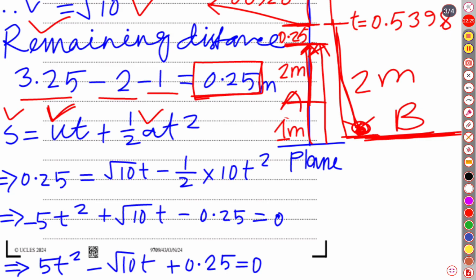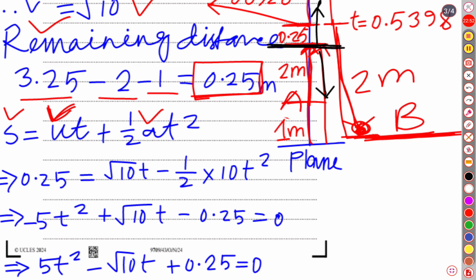Now you may ask what the initial velocity is. Look, the final velocity at this point, when it reaches 2 meters above, is the final velocity for this lower part, whereas for the part above this, the initial velocity is also the same.